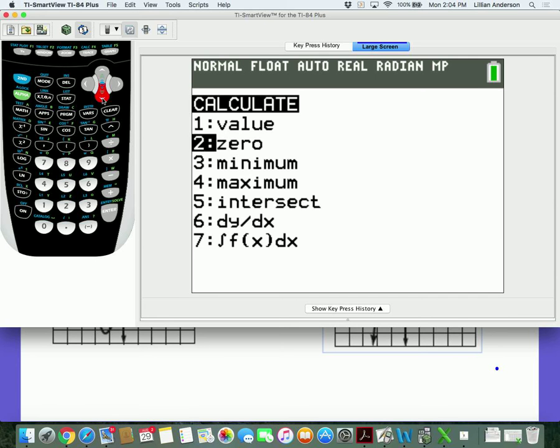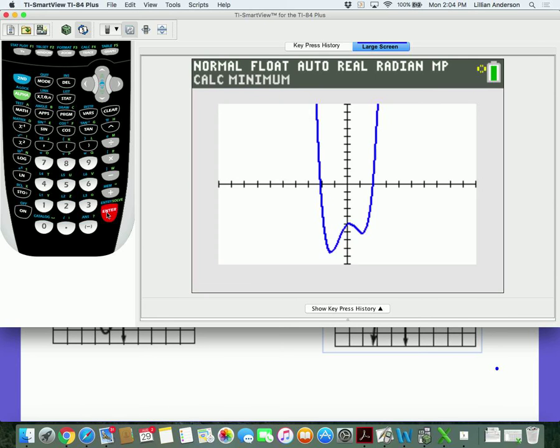So we're going to go down to option 3, click enter, and then it does the same left bound, right bound it did when we were trying to find the zeros. This time, we're just going to go to the left of that minimum point. Okay? And you don't want to go too far to the left because then the calculator might get confused. So we're just going to go just to the left of the minimum. Is everybody with me? I press the arrows to get to the left. Click enter. Now right bound pops up. What does that mean?